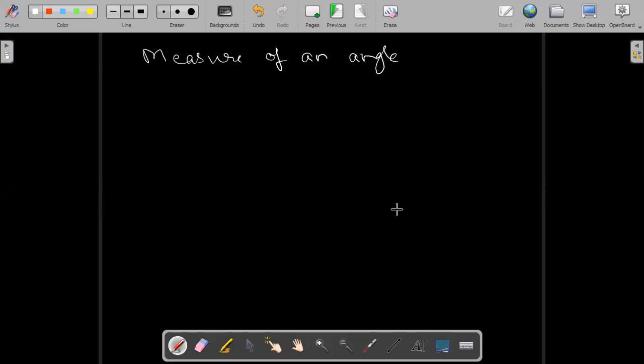The amount of rotation from the initial side to the terminal side is called the measure of an angle.